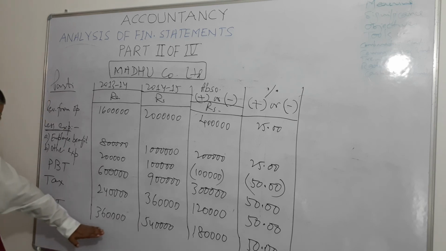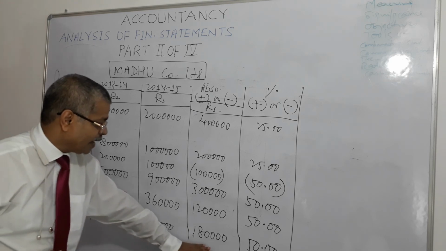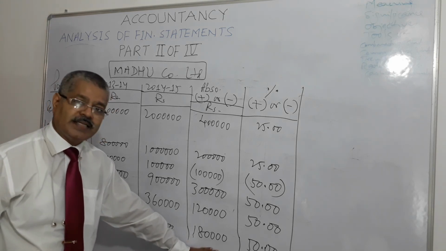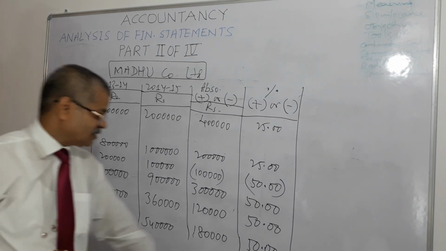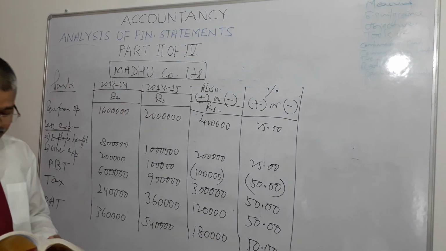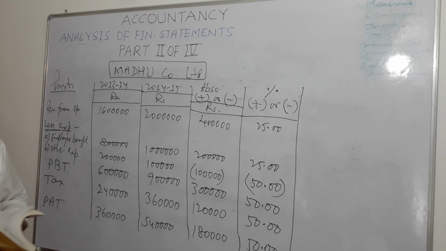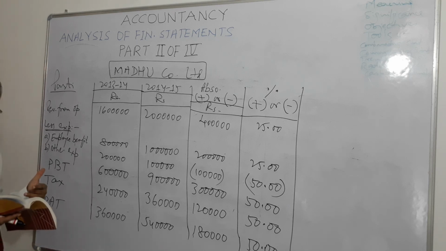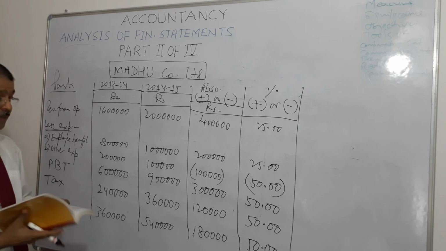Profit after tax has increased from 3,60,000 to 5,40,000, means absolute increase of 1,80,000. 1,80,000 as a percentage of 3,60,000 is 50%, right? So we have discussed in detail in a very simple way two sums in comparative statement.